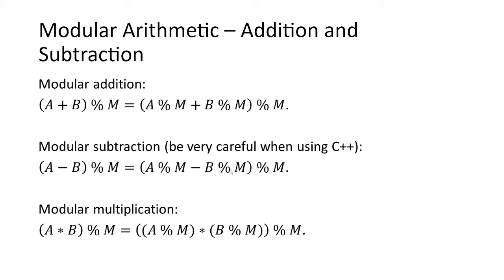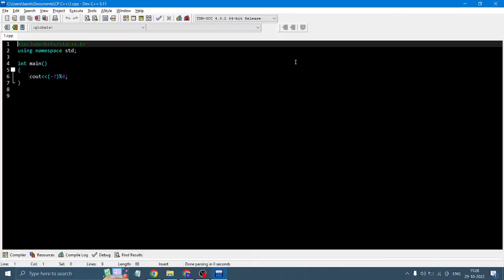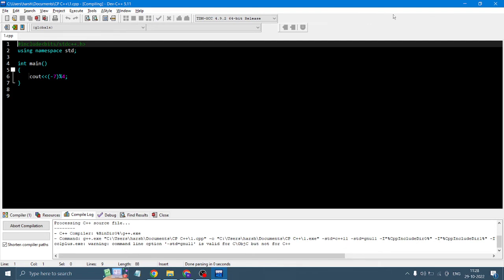The reason it's written to be very careful when using C++ is because C++ mod rules work a bit differently. So let me show you. Here I've written -7 mod 4, right? So in C++, the answer for this will be -3.